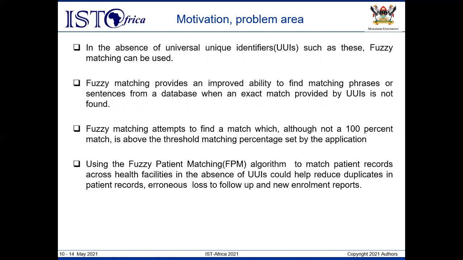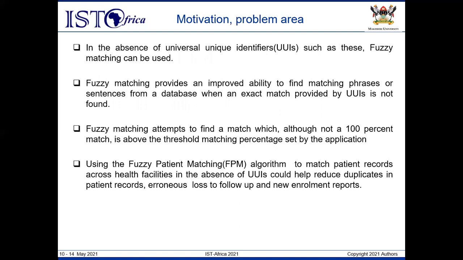Fuzzy matching provides an improved ability to find matching phrases or sentences from a database when you cannot find an exact match, which should have been provided by universally unique identifiers. It attempts to find a match which, although it may not be 100%, has to be above a certain threshold percentage, which is set by the application one is using.